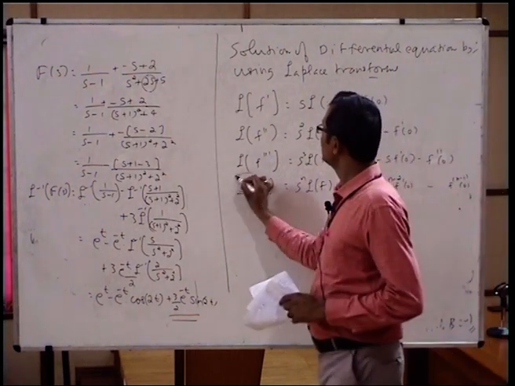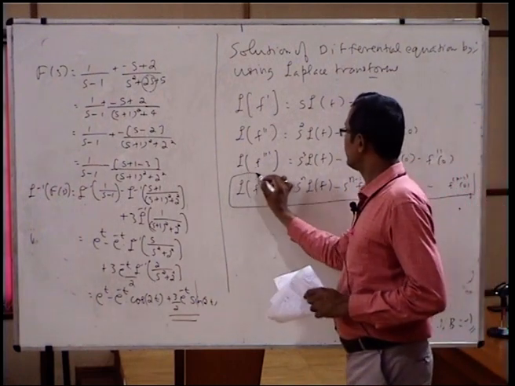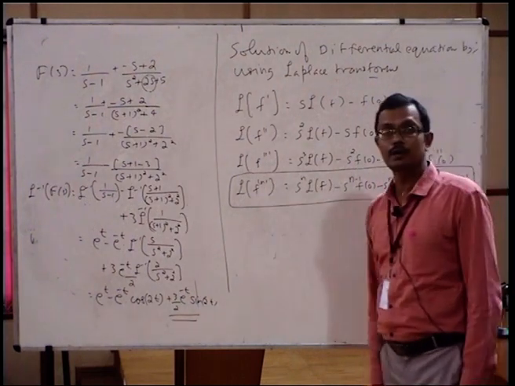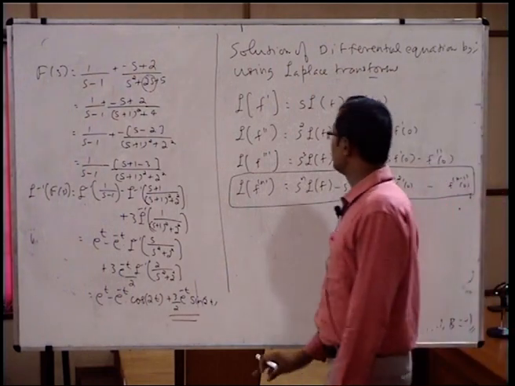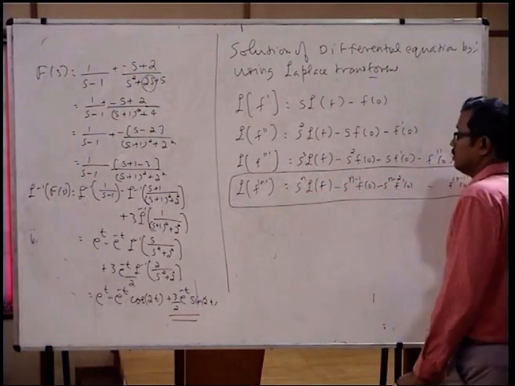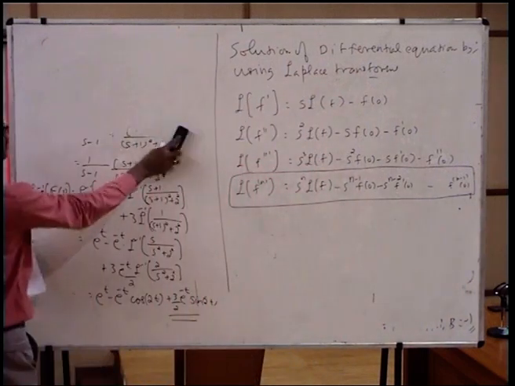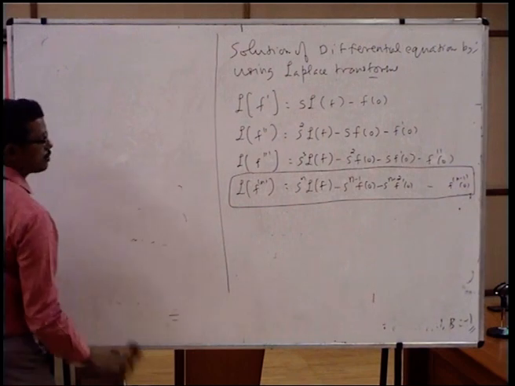So this is the general formula for finding the Laplace transform of the nth derivative of a function. So we can apply this formula to find the solution of a differential equation, an ordinary differential equation.